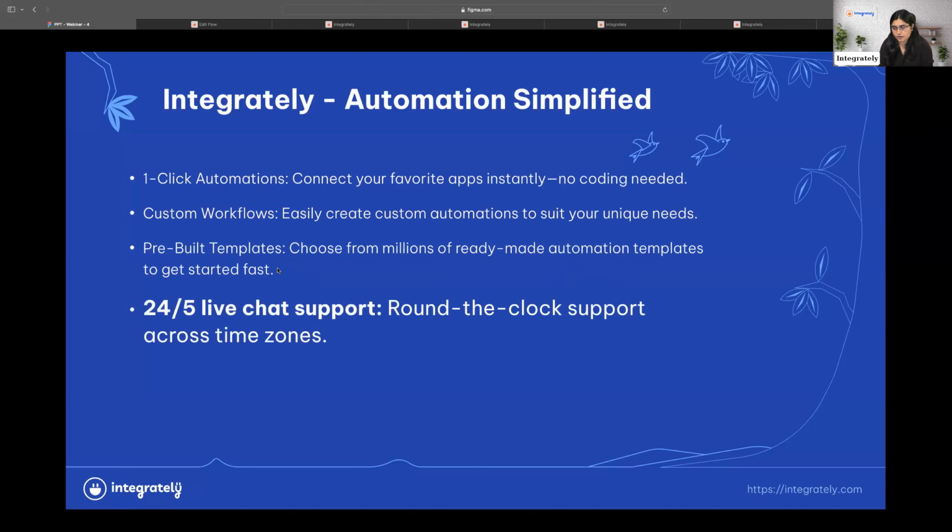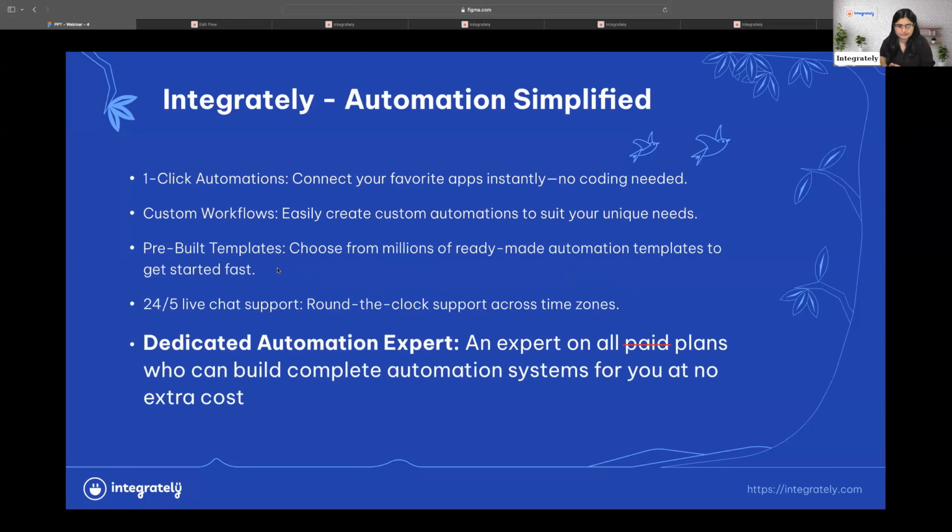They'll help you in setting up your automation. They'll walk you through. They'll understand your unique business needs. And based on that, they'll recommend the best automation for your requirement. And the best part is we have a dedicated expert for each of our users. So there is no restriction of paid plan. Our dedicated support is available on all the plans.